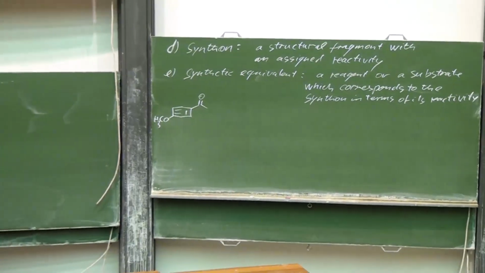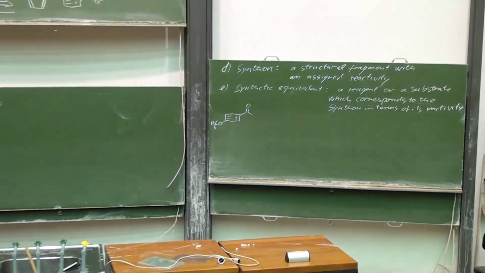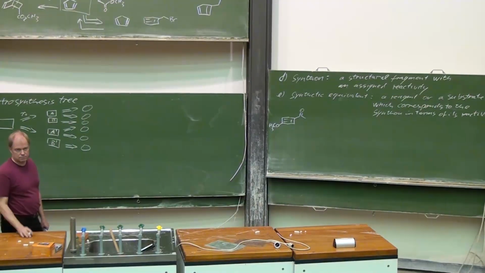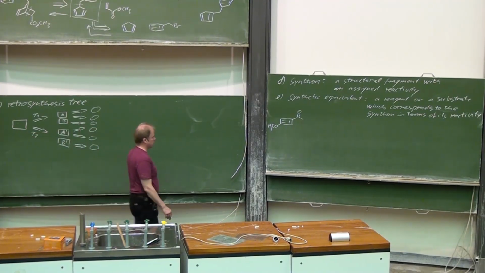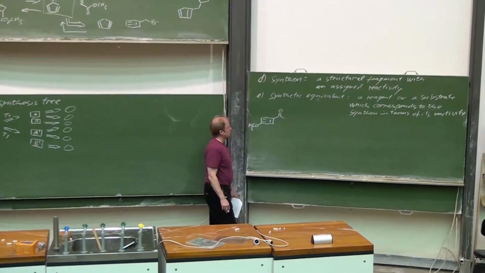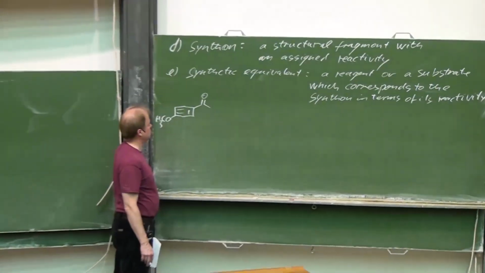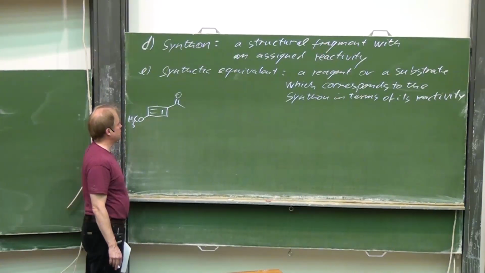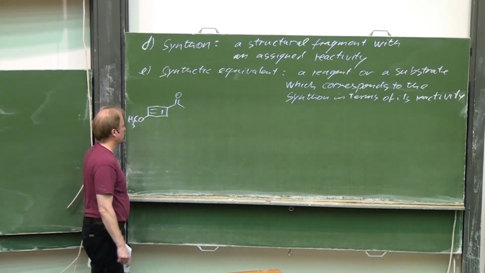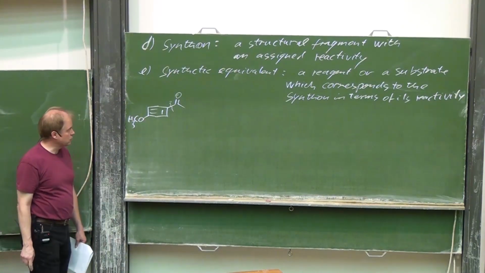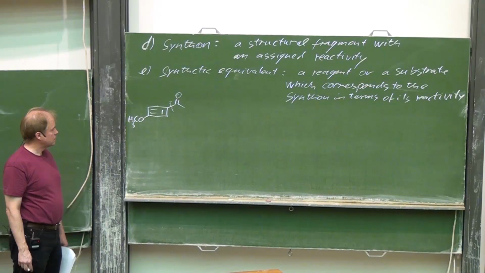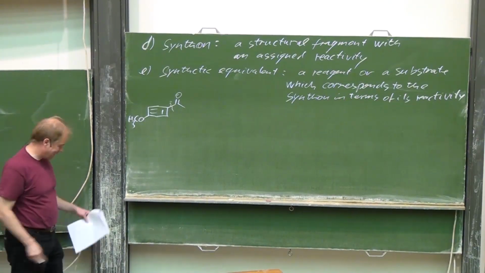Well, para-methoxy acetophenone. Of course, a molecule that you can buy. Yeah? But let us assume that we have to design a synthesis for this compound. So, where do we have the strategic bond? Let's say we will focus on this one. We disconnect that.